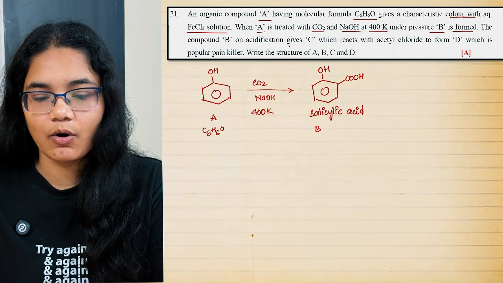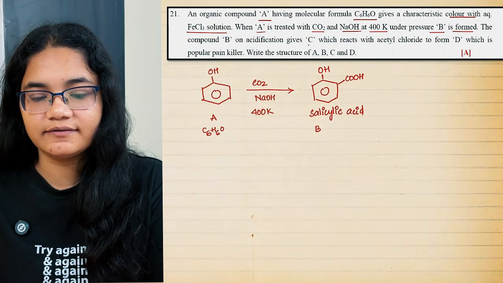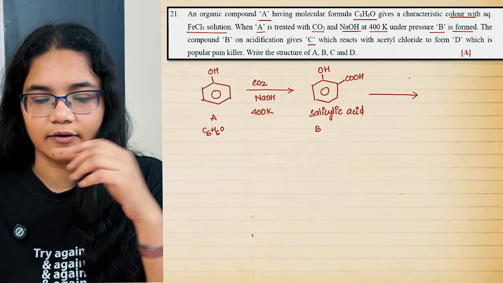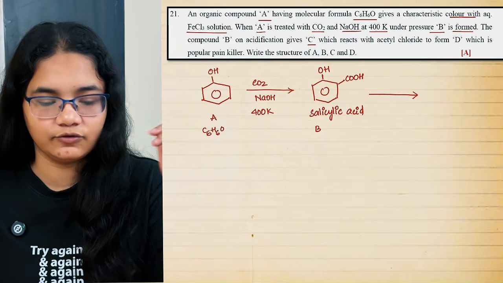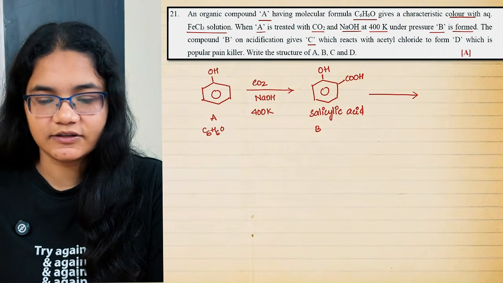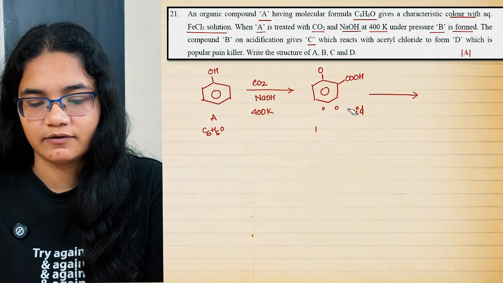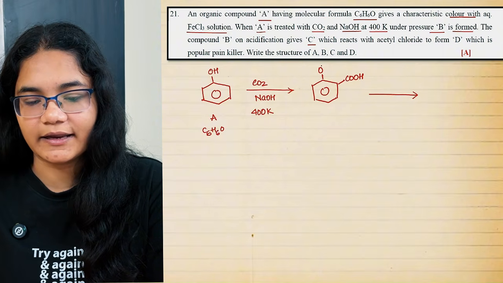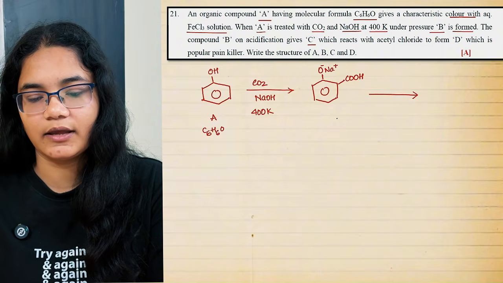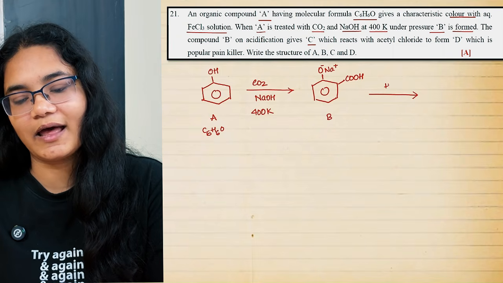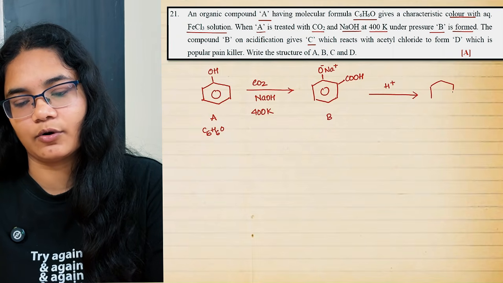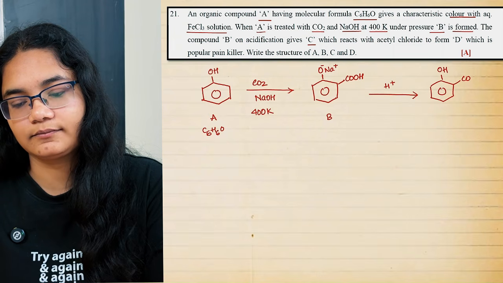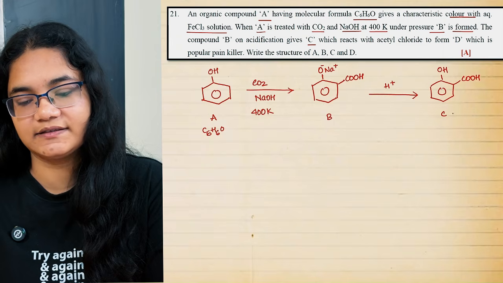Now compound B on acidification gives C. Okay, actually this is the salt form only, so we will not write it like this. B is O minus Na plus. Now when you do acidification, you get the final product, which is OH and COOH. This is the final product C here.